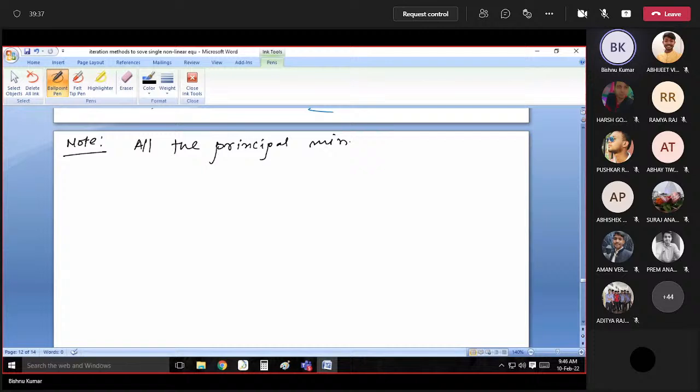All the principal minors are non-singular. All the principal minors of the coefficient matrix.